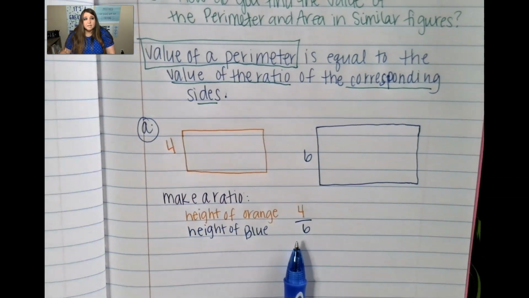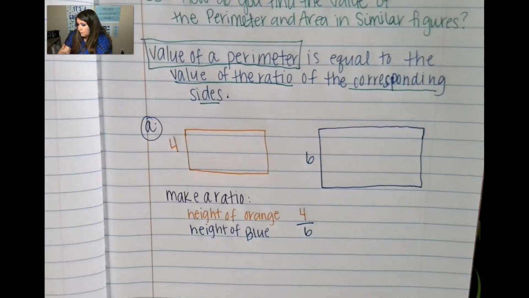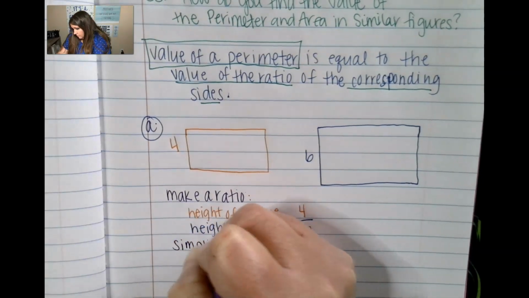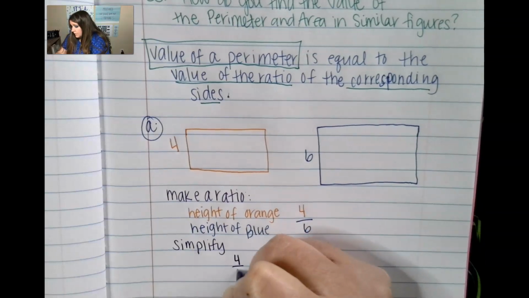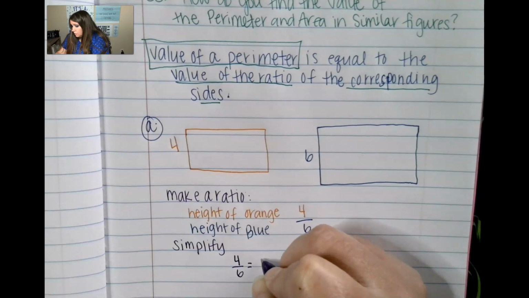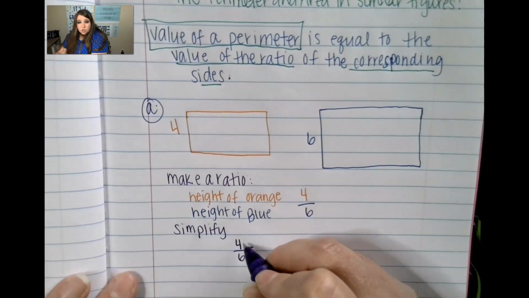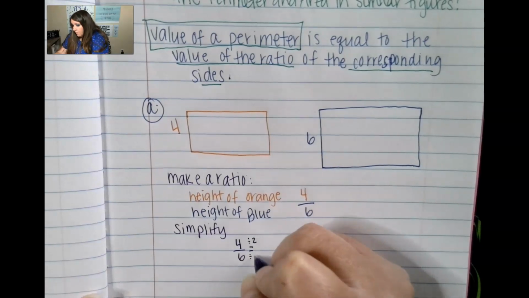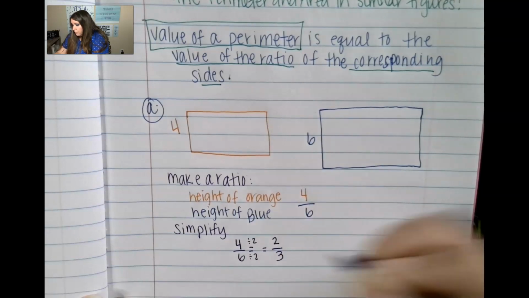Now we're going to find the value of the perimeter by simplifying. So once we simplify this, 4 over 6 is equal to, we can use the same divisor, right? 2 goes into both of these, so if I divide by 2 and divide by 2, I get 2 over 3.